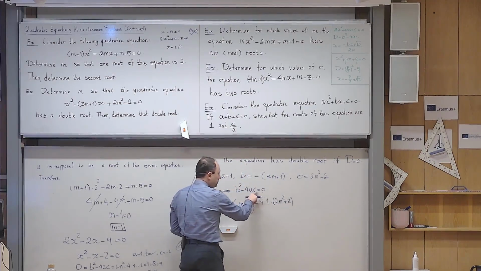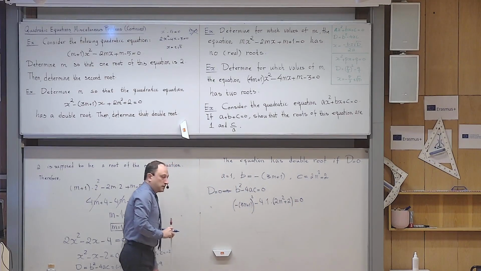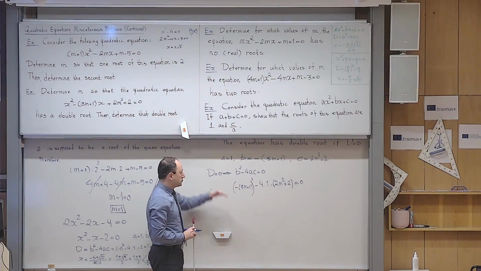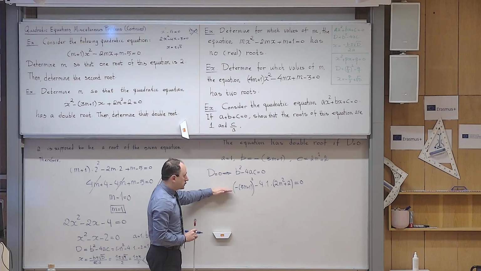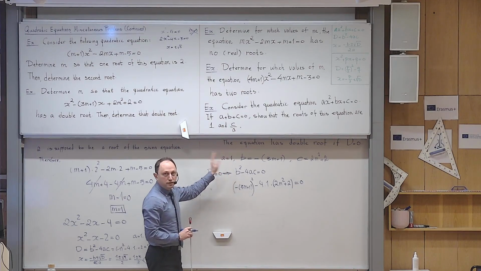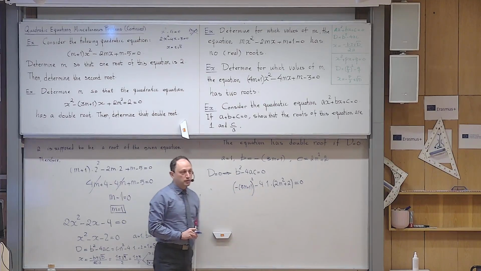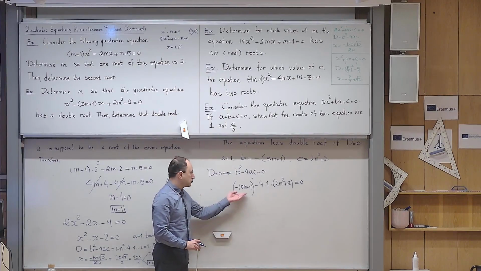This should be equal to 0. Yes or no? Okay, and then let us solve this problem. So now you need to train your brain like this. When you reach this step, forget about everything you have done so far. Just concentrate on solving this problem.